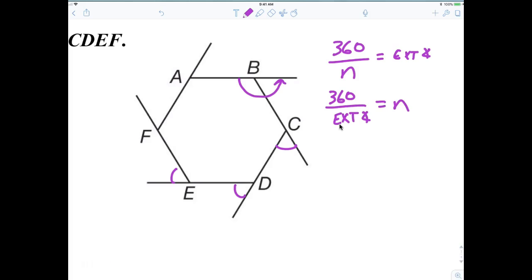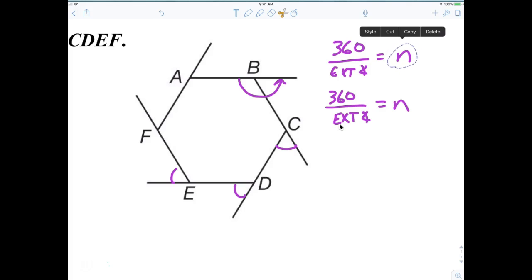Now you should be able to say, well, that's so logical, why is he even telling me that? Everybody see that? If not, I can show you the math real quick. I can multiply both sides by n, and then divide both sides by the exterior angle. So n is also equal to 360 divided by the exterior angle. Everybody with me on that?